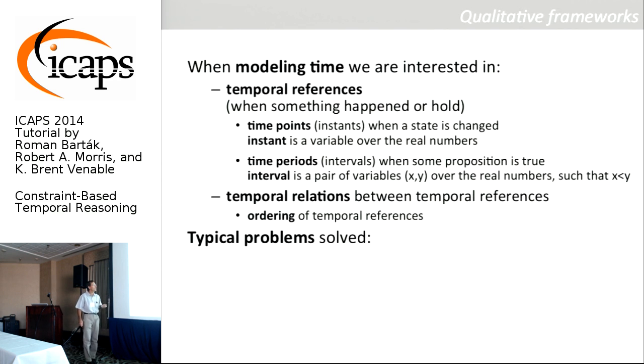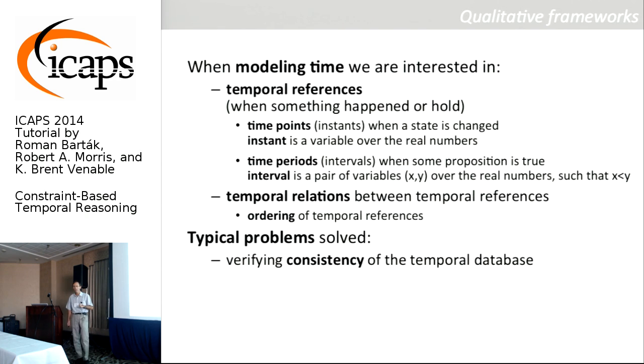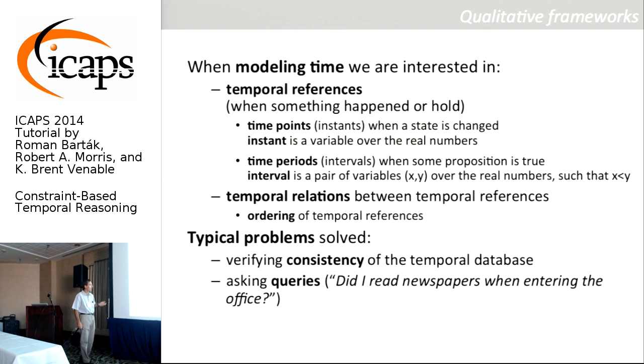And as I mentioned, the typical problem that we need to solve is, if we have such a set of temporal references and temporal relations, is the set consistent? So we will need some algorithms to verify the consistency of this temporal database. We want to ask queries to this database. Like in our example, we may ask the query, did I read newspapers when I entered the office?